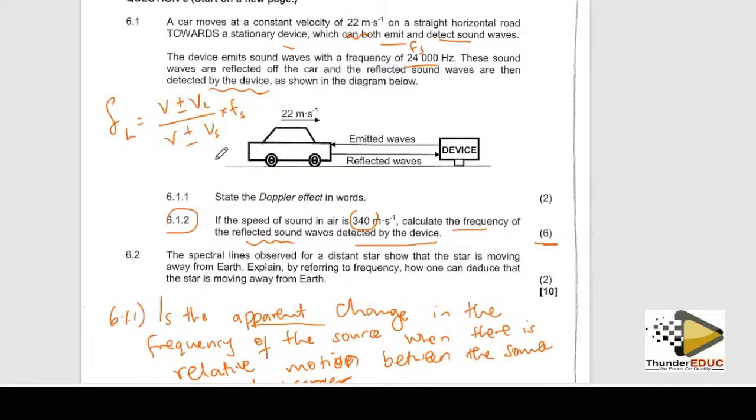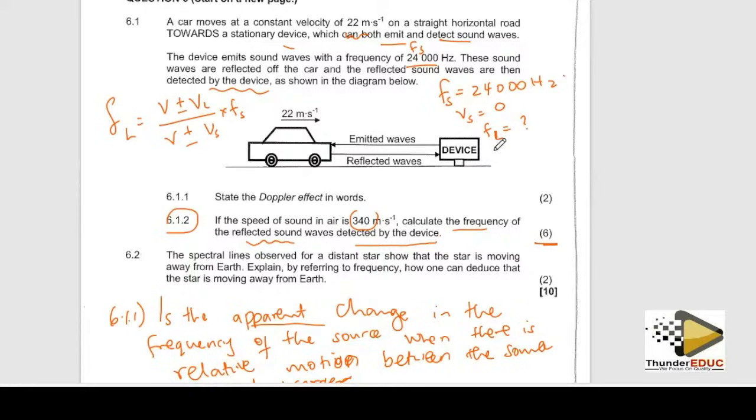Let's see. We know that the frequency of the source is 24,000 hertz. Then the velocity of the source is 0. The frequency of the listener we don't know as yet.